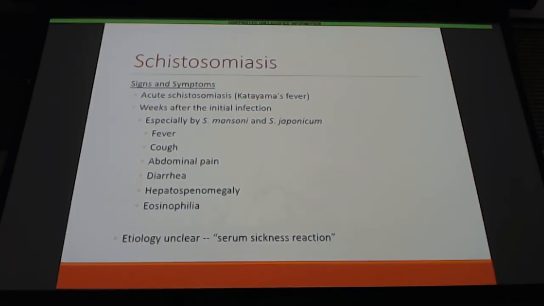So acute schistosomiasis. Katayama fever is basically a systemic hypersensitivity reaction that occurs with the onset of the egg laying of the schistosomes in the body. And it's just a reaction that your body is noticing.